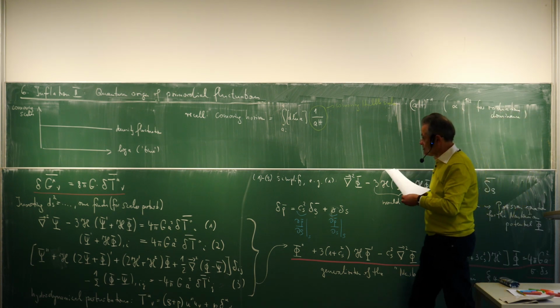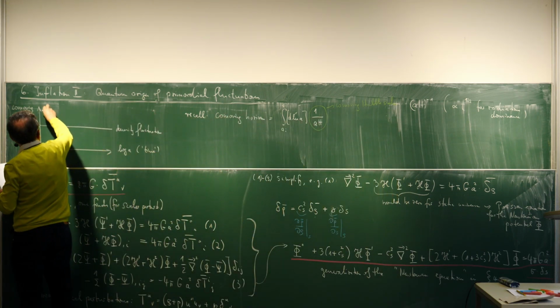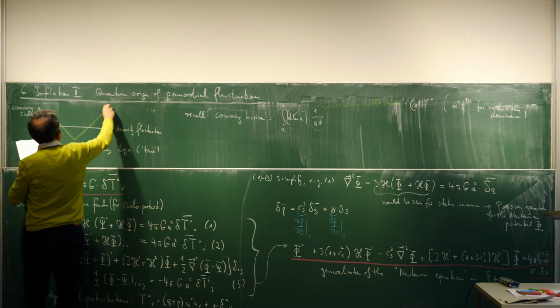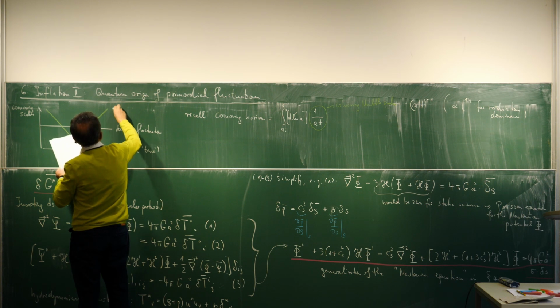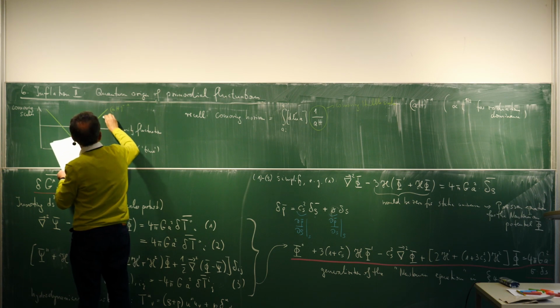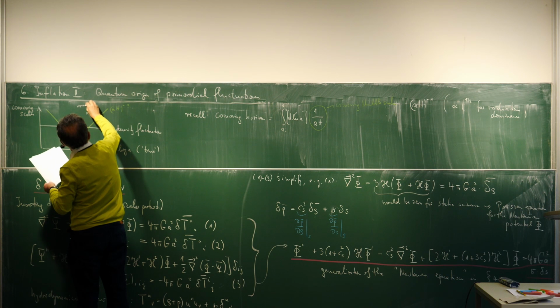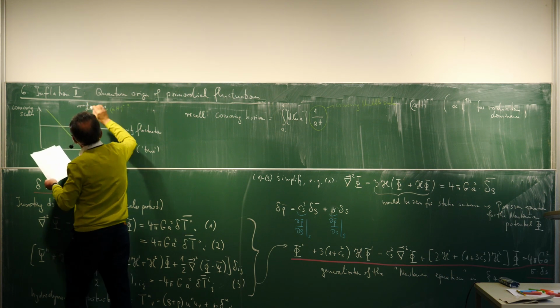So in this diagram, if you have inflation, we would have a decrease of this, up to here, and then an increase. That would be the co-moving Hubble scale, H to the minus 1, which would be here. This would be the radiation dominated part, radiation dominance, and this would be inflation.